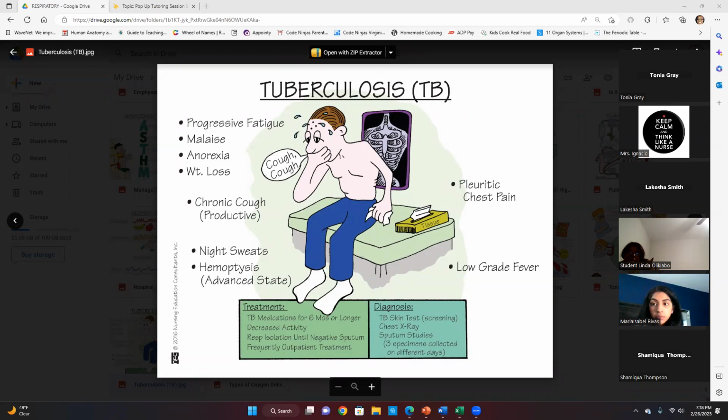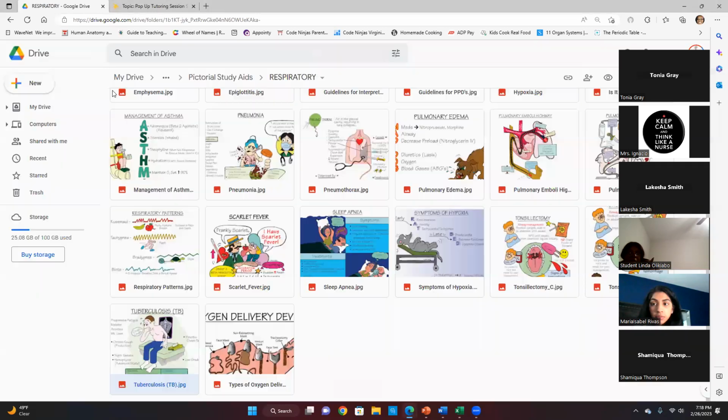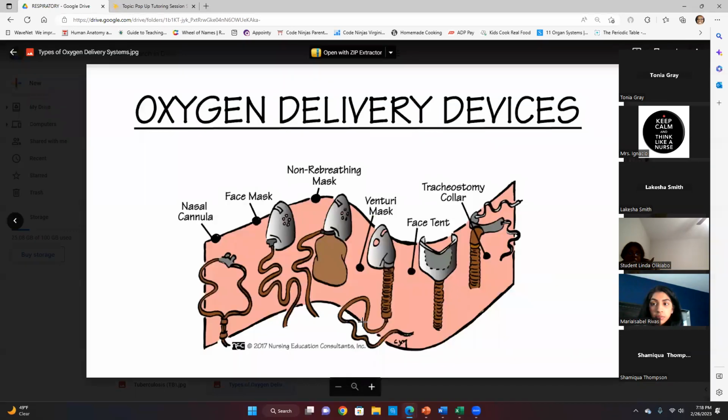Okay, so when you're breathing room air, what percentage of oxygen are we breathing? 21%. Yes, that is correct. When we're breathing room air, we're at 21%. Okay. What is the medication loratadine used for?